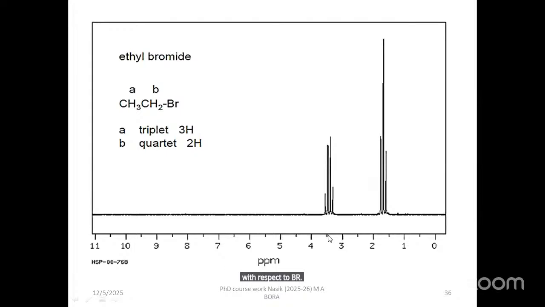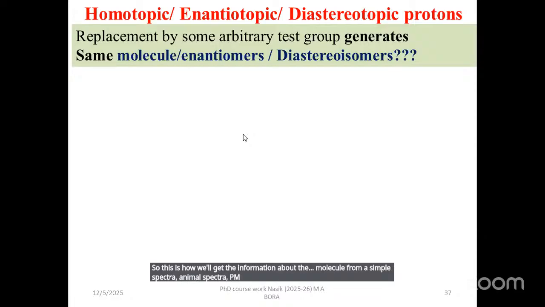The values are approximately 3.4, 3.5 for CH2, whereas 1.5 to 1.6 is the value for your CH3. So both are deshielded because of the presence of electron withdrawing Br. So this is how we get the information about the molecule from a simple NMR spectrum, PMR spectrum.